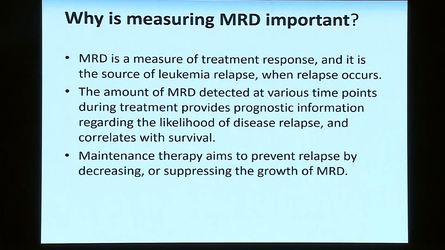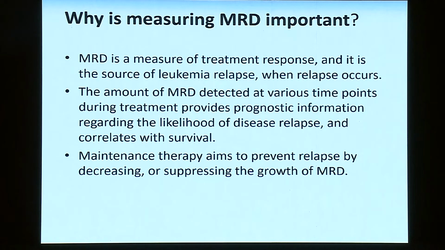Why are we bothering to measure MRD, and why is it important? MRD measures the treatment response. It is the source for leukemia relapse. We want to do the MRD at various time points during the treatment for prognostic information regarding the likelihood of relapse, and to correlate it with survival.